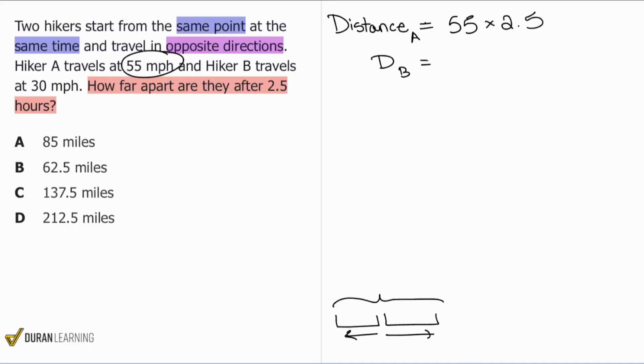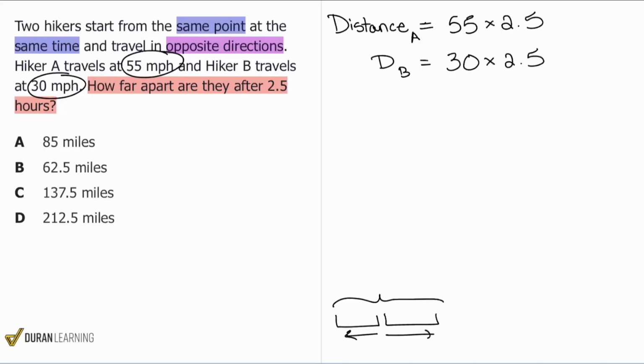For the other one, it'll be 30 miles an hour, and that'll be over the same time period. That'll be 2.5 hours. And so what I'll do is I'll calculate those distances individually, add them together, and we're good. But then I'm going to show you how we can do this in a much faster way.